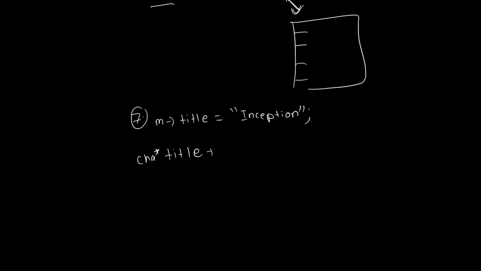Because title is a character pointer, it can hold the address of a character, right? So when it can hold the address of a character, that means it can also point to an array of characters, because what malloc does is return the starting address of the array. And since we know that arrays are contiguous in memory, arrays have indexes like this, right?